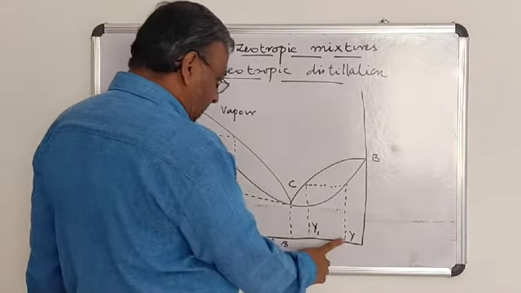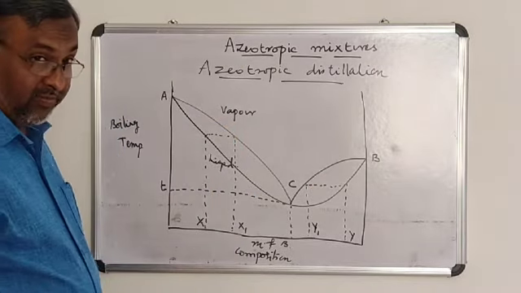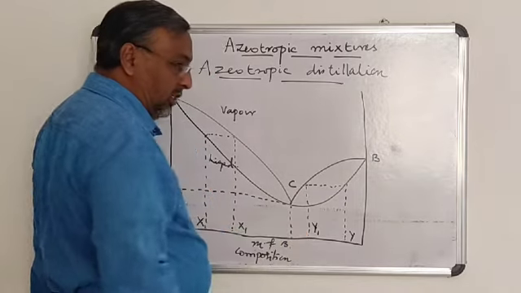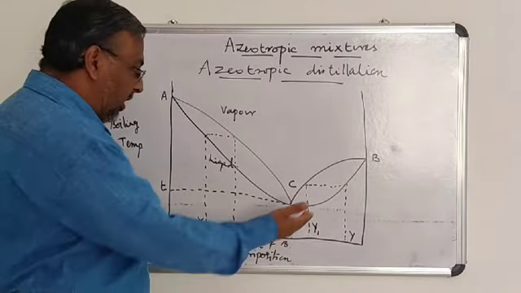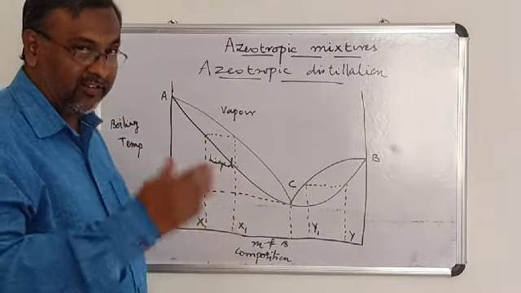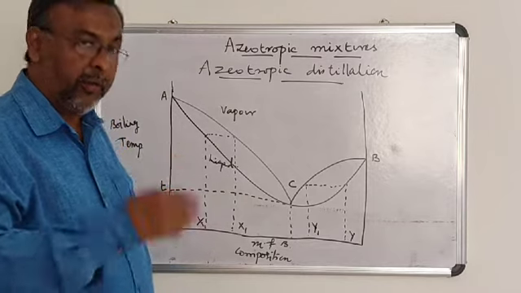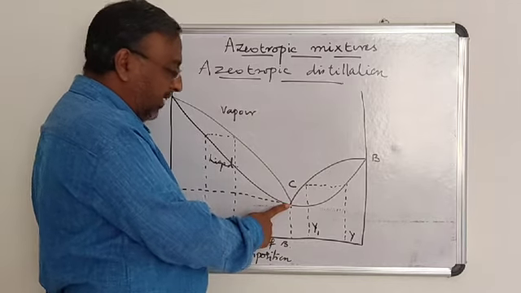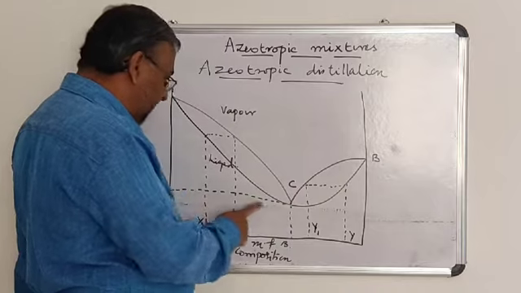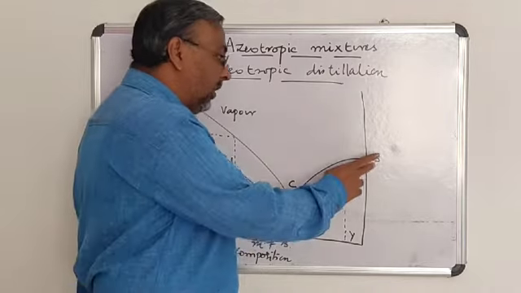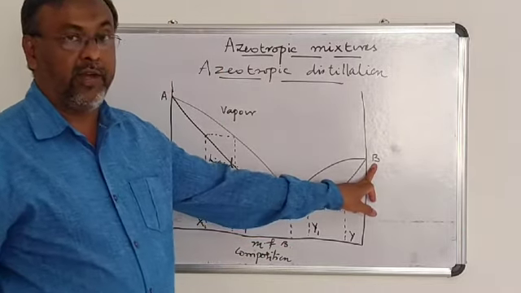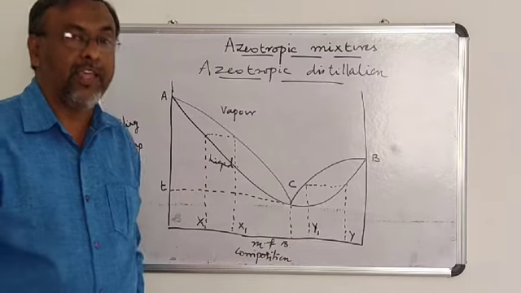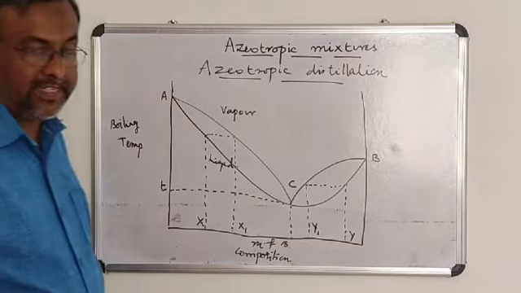Here also, when the composition Y is distilled, the first distillate collected will be rich in C, with a composition Y1, and the remaining residual liquid will be rich in B. As the distillation is continued by repeated distillation, the distillate will contain pure C at this temperature T, and the residual liquid will contain only B. So in this curve, B can be separated as a residual liquid and C is separated as a distillate, but we cannot separate A. This is the peculiar property of the azeotropic distillation process.